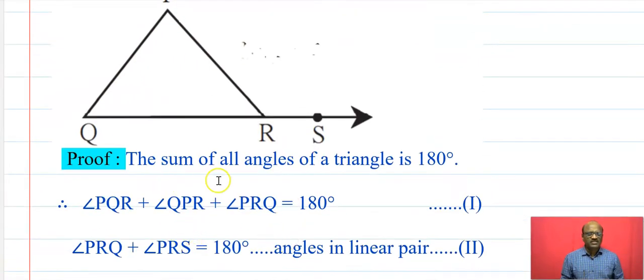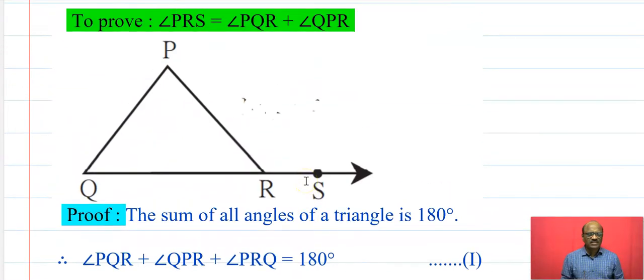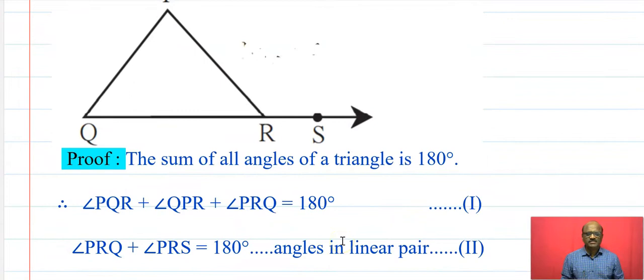Proof. The sum of all angles of a triangle is 180. Therefore, we write here: measure of angle PQR plus measure of angle QPR plus measure of angle PRQ is equal to 180.